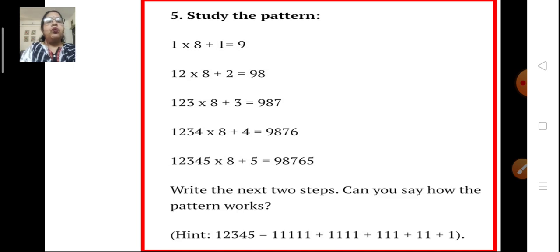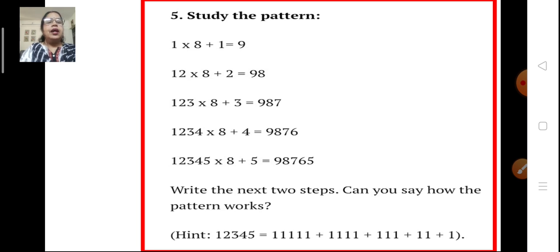Fourth step, 1234 multiplied by 8 plus 4 is equal to 9876. The last one is 12,345 into 8 plus 5 is equal to 98,765. So, do you observe any pattern here?